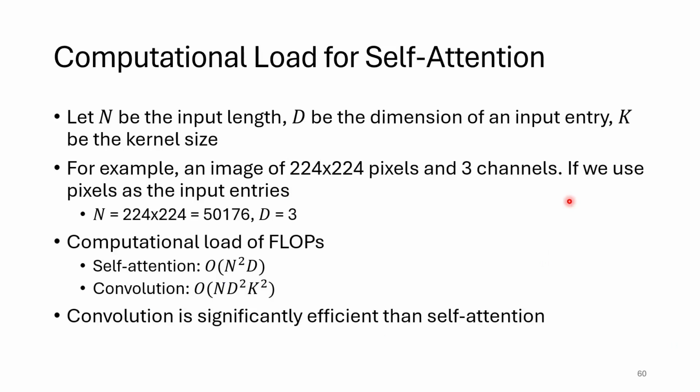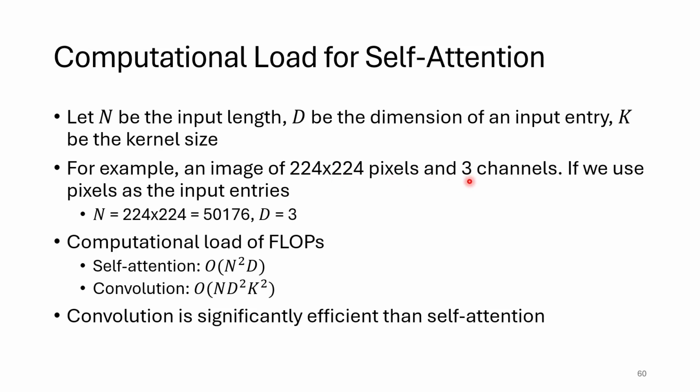Another problem for self-attention is, let's see this situation. If I have an input sequence with n elements, and every element is a vector of dimension d. And k is the size of the convolutional kernel. Let's take an example. AlexNet used an input resolution of 224 by 224 to classify images in ImageNet, and there are 3 channels.